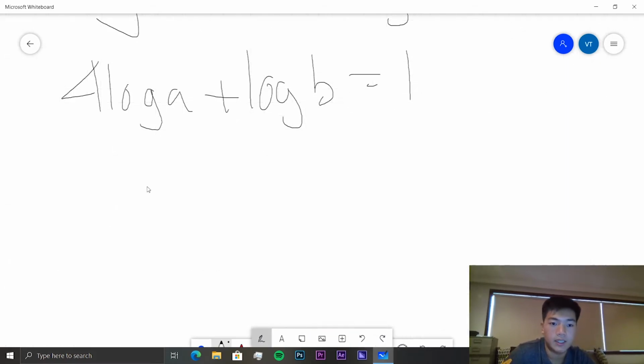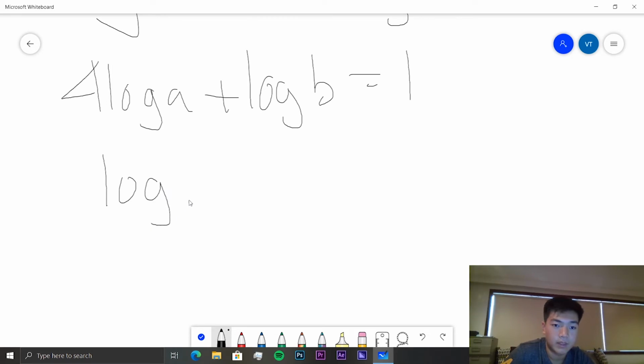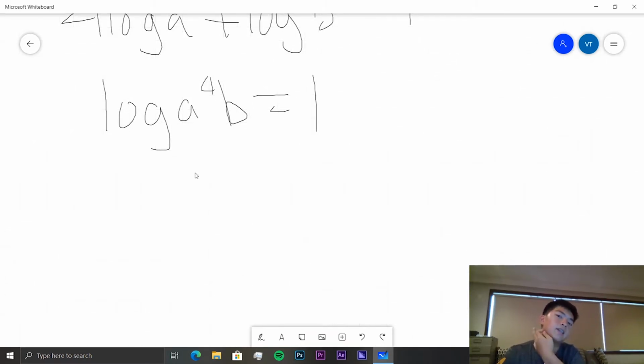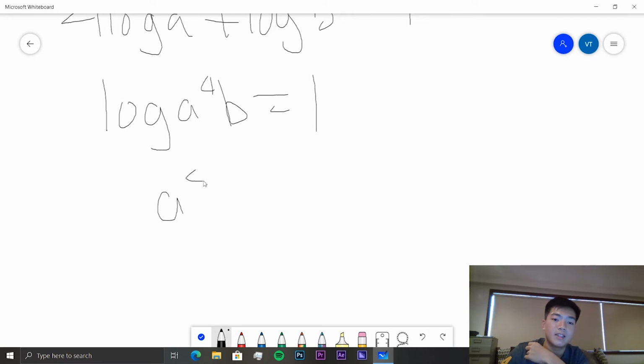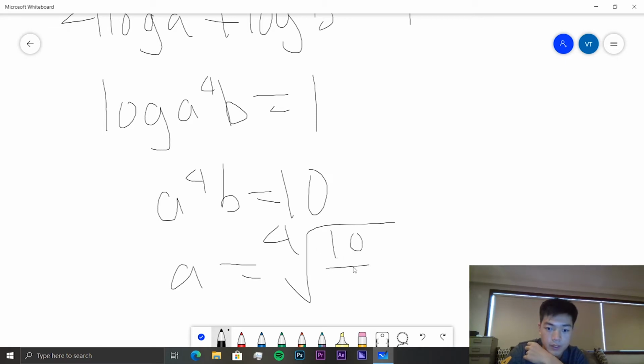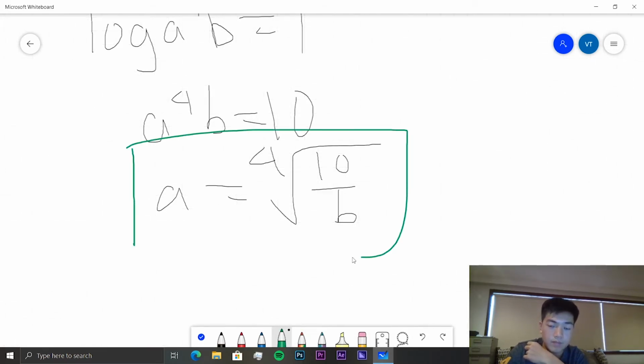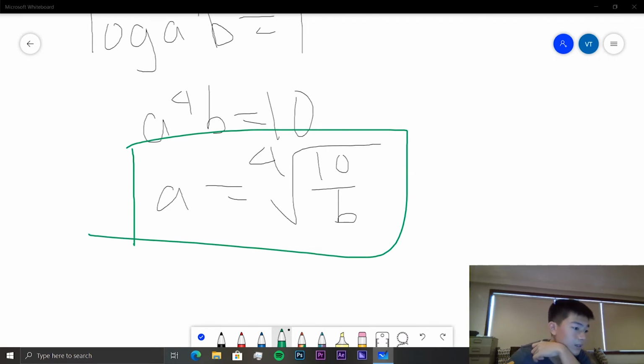This is equivalent to saying log of a to the 4 times b is equal to 1. And in essence, since this is log base 10, we're saying a to the 4 times b is equal to 10. So a is equal to the 4th root of 10 over b. I think that should be correct.